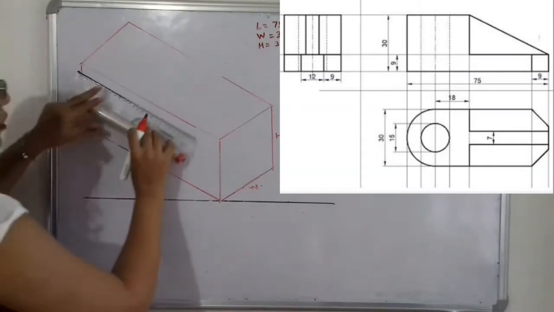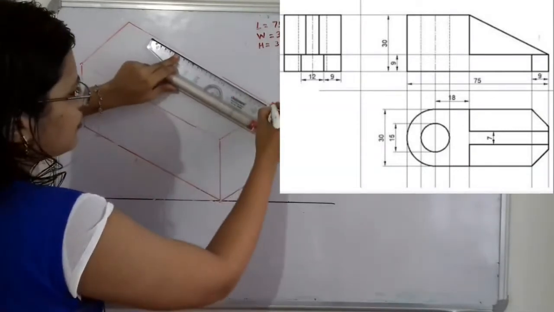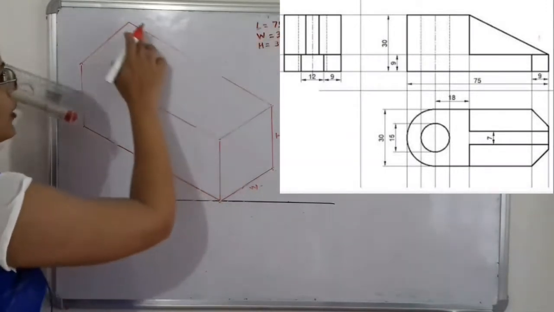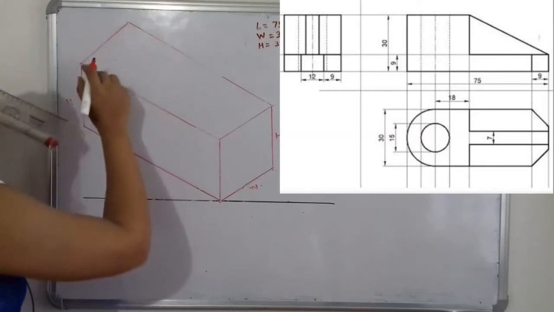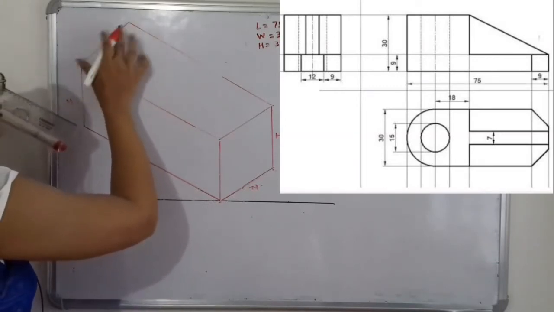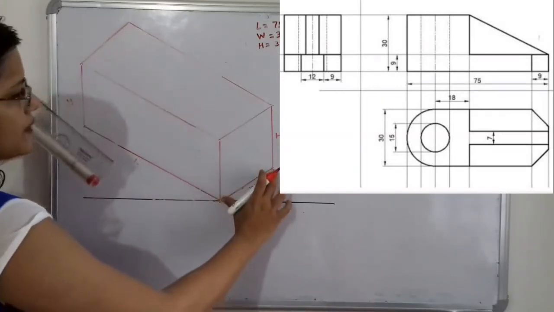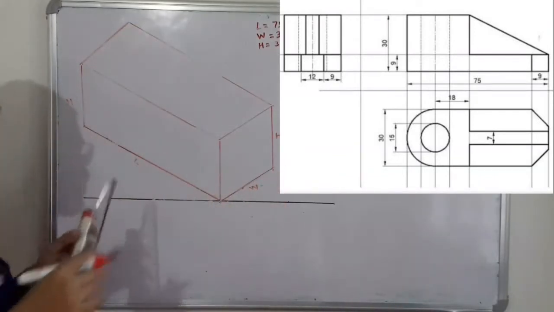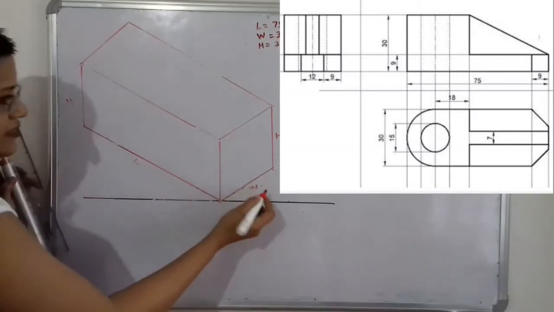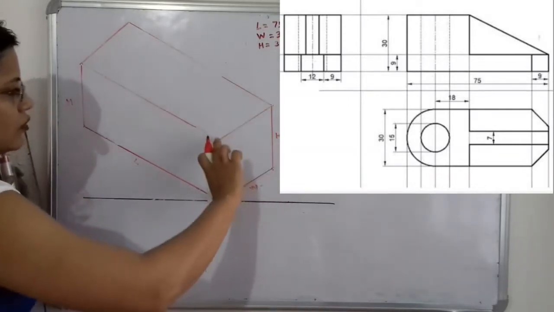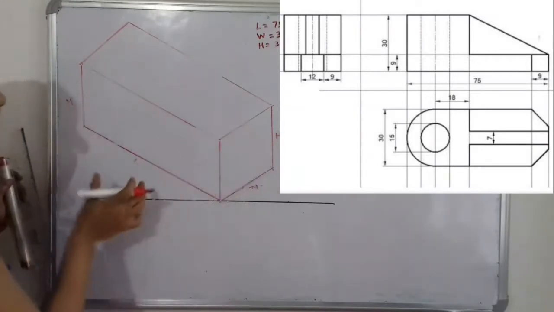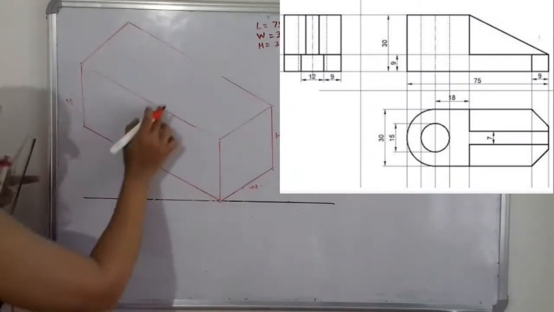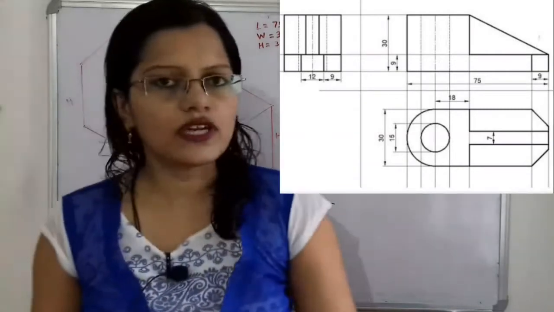We have to again draw the line passing through this point parallel to this, and take a distance equal to 300 millimeters and mark one point. If we join these 2 points, then this distance should be equal to this width. So these 3 lines, 1, 2, 3, are equal in dimension and represent the width, and these three lines, 1, 2, 3, represent the height, and these three lines, 1, 2, 3, are parallel to each other and represent the dimension equal to length.